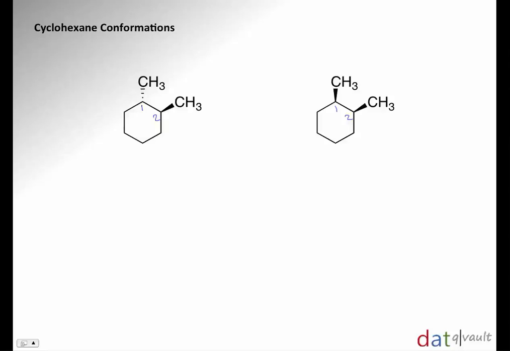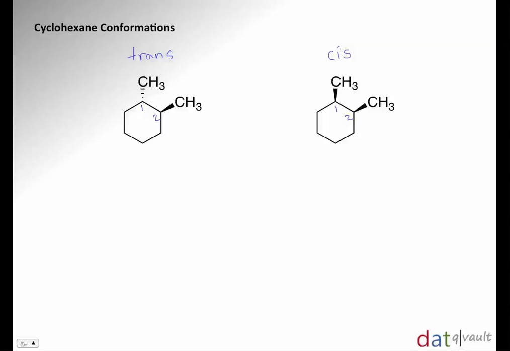If one of the substituents is back and one is forward, we call that a trans orientation, meaning they're on opposite sides of the cyclohexane ring. When both substituents face the same direction on a ring, we call that the cis orientation, cis standing for them being on the same side of the cyclohexane.